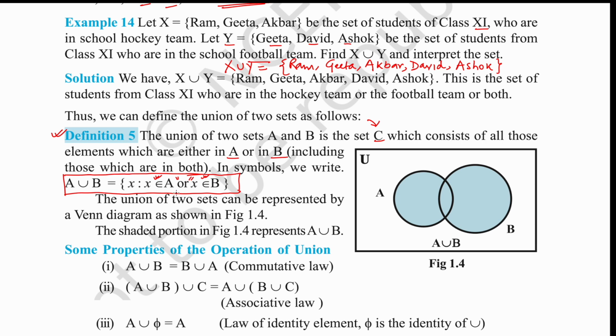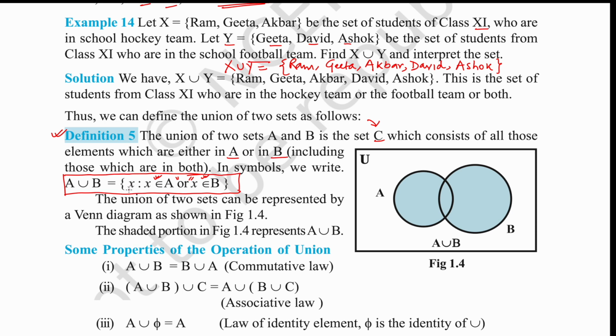So this is false only if both the statements are false. This combined statement is false only if this is false and this is also false. If any one of them is true, then the combined statement is true.